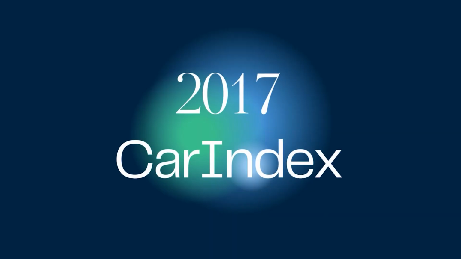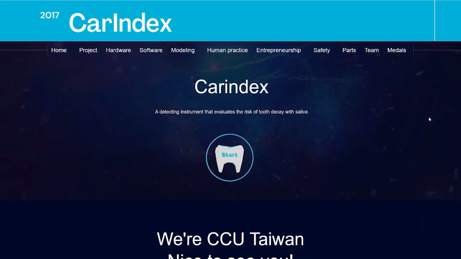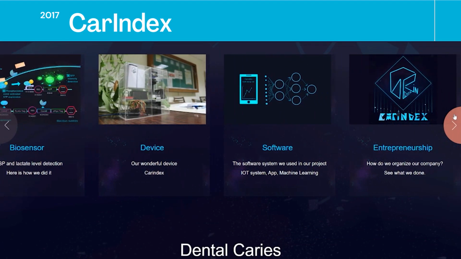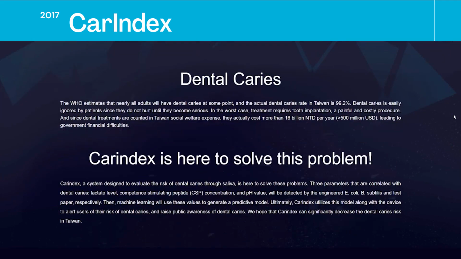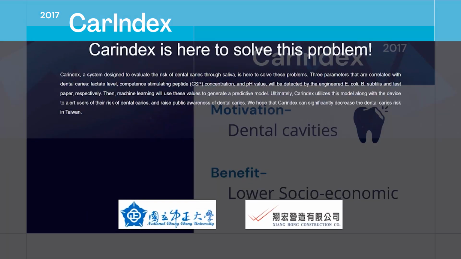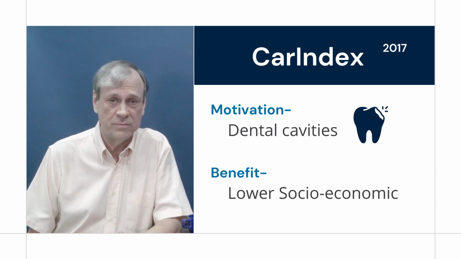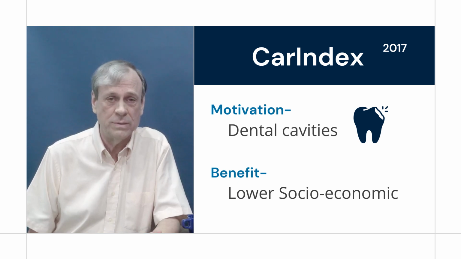So if we look at these for the previous 6 iGEM teams, the first product that was developed was CareIndex, Caries Index, an index for dental cavities, caries. And this was mostly applicable to lower socioeconomic classes because the higher class groups are likely to go to the dentist frequently, as they're permitted to based on the health insurance.